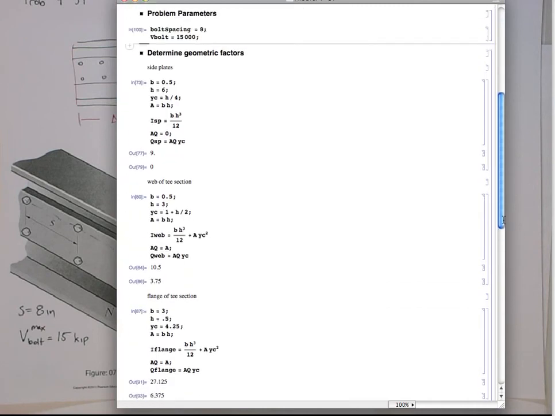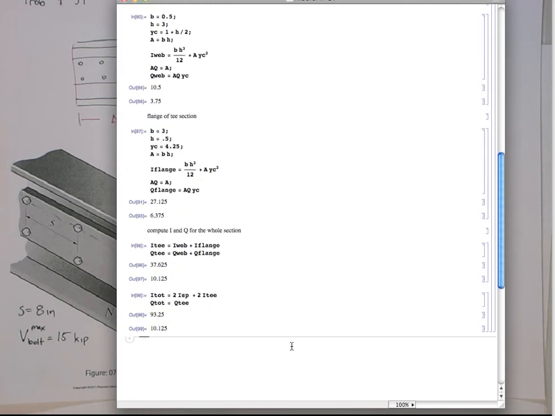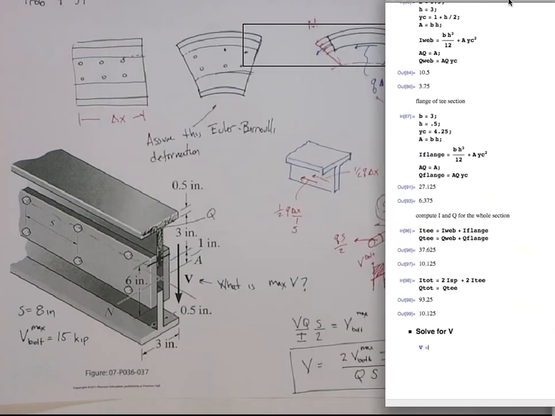So now we can solve the problem. Let's solve for V. Okay, so we're going to use V equals, we'll use this equation, the one we derived just now.